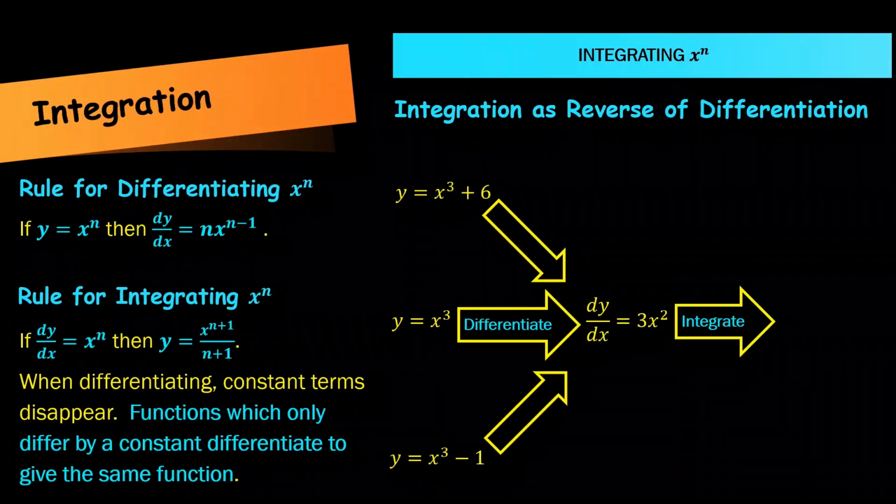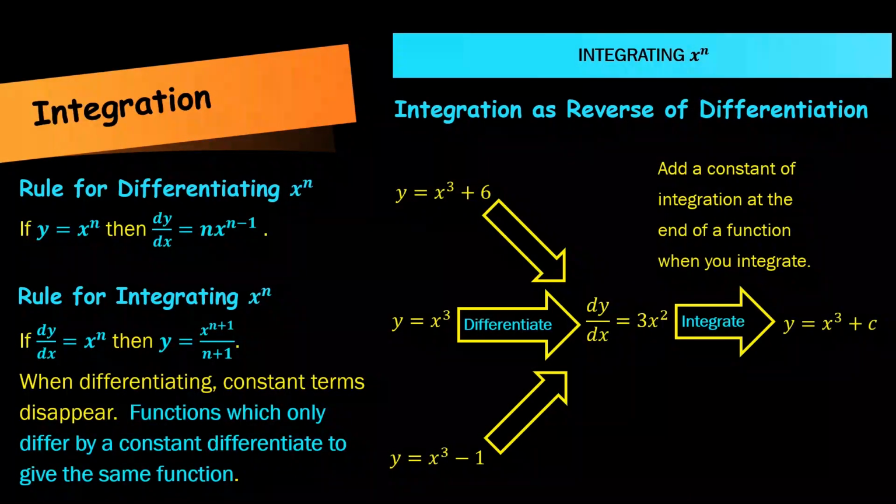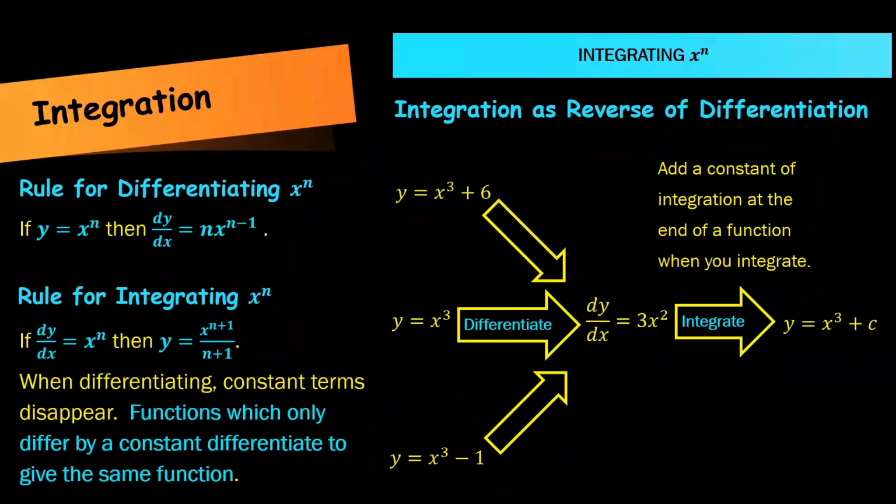Therefore, when we integrate, we must add a constant of integration at the end of a function. So when we integrate dy/dx equals 3x squared, we obtain y equals x cubed plus c.